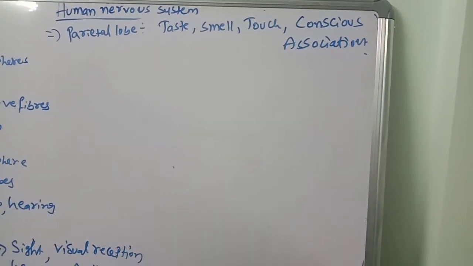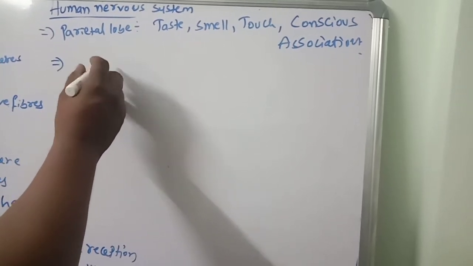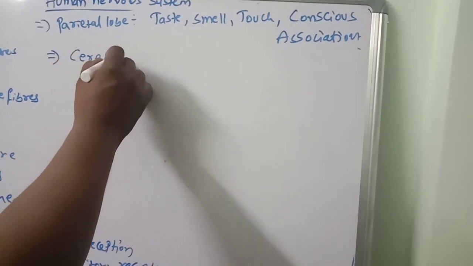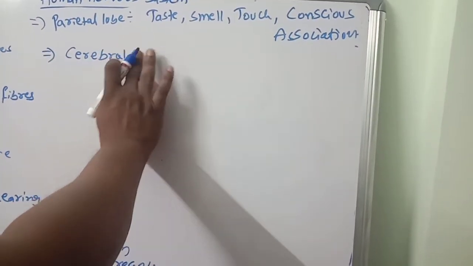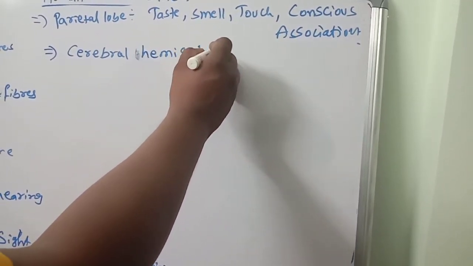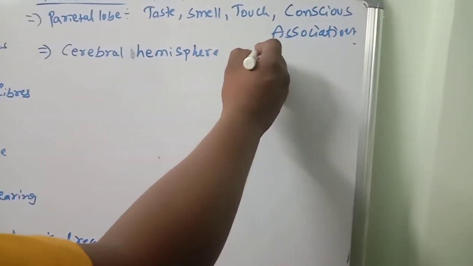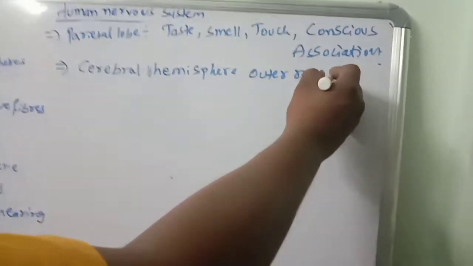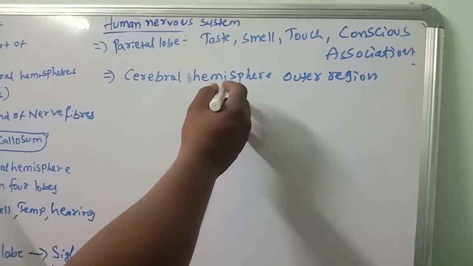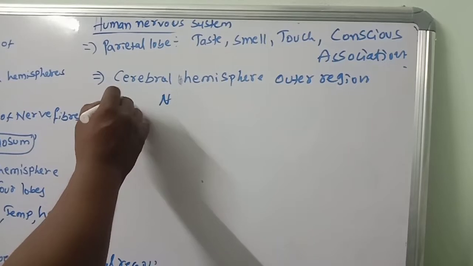Now, the cerebral cortex. The cerebral hemispheres have an outer region. If you look at the outer region of the cerebral hemisphere, believe it or not, there are a number of packed nerve cells.